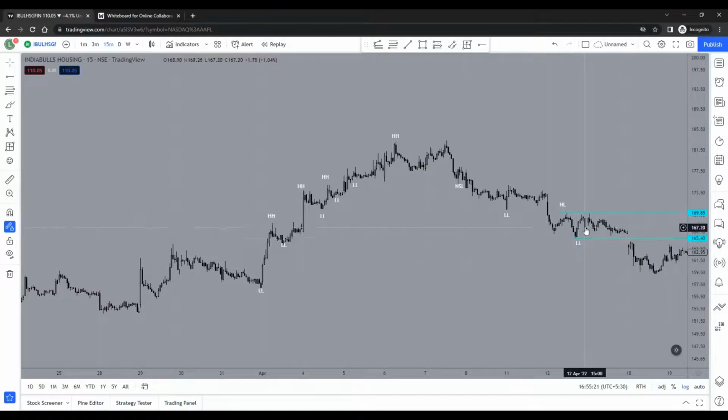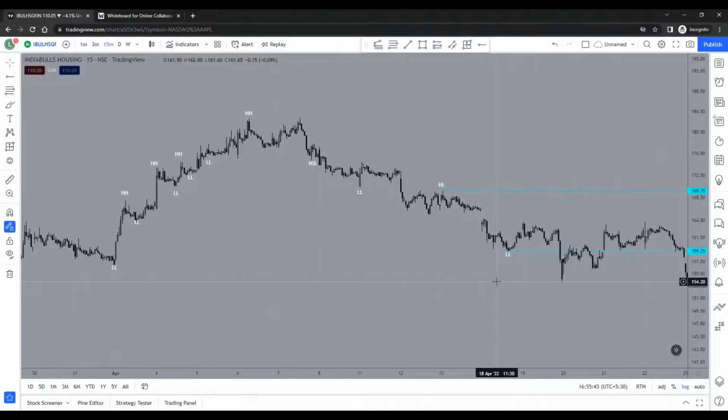Now again, price retraces upside, creating a new higher low, and we create a lower low again. So now this point will be our new swing high, and this will be our new swing low. You see, you keep on moving, and this keeps on going.